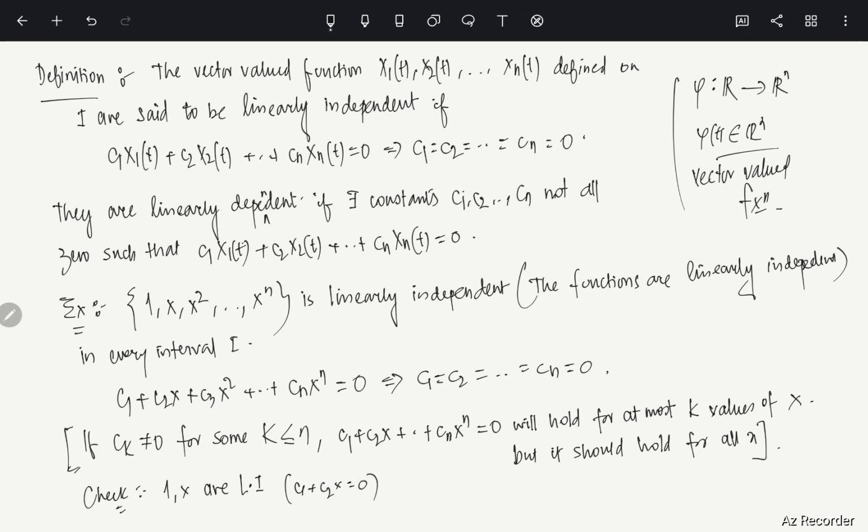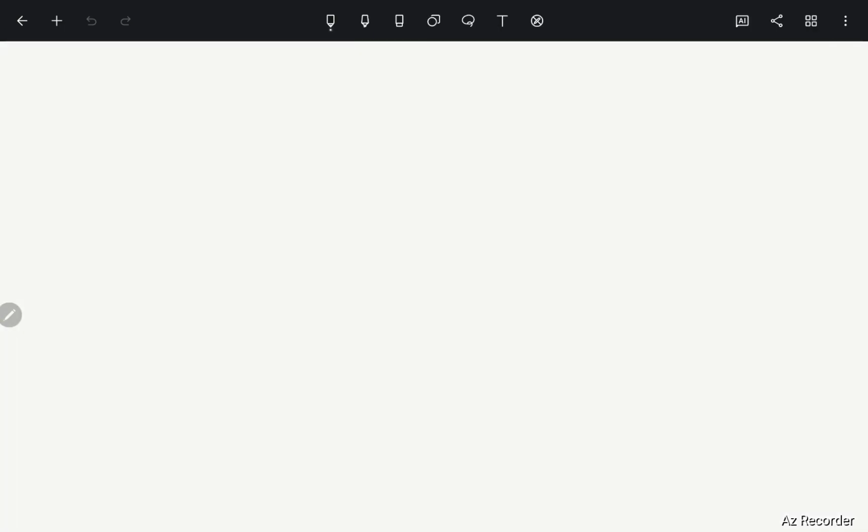Clear? Now if you differentiate both sides, you get that c2 has to be 0, right? And if c2 is 0, then of course c1 has to be 0. So c1 and c2 have to be 0, so they are linearly independent. You can argue like that also. It's not a problem. And you can do it for any n. So 1, x, x square, up to x power n are linearly independent. That's going to be the case.